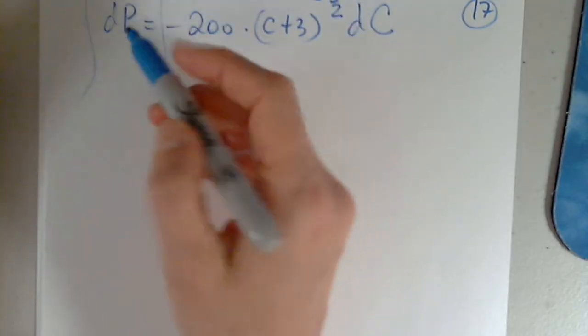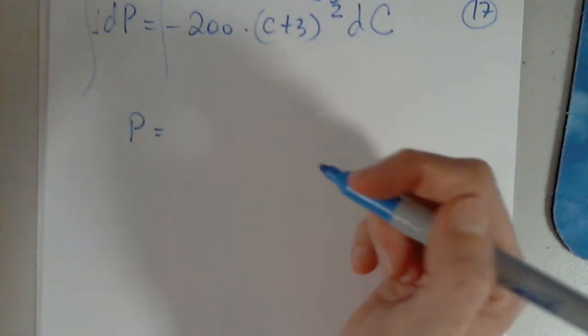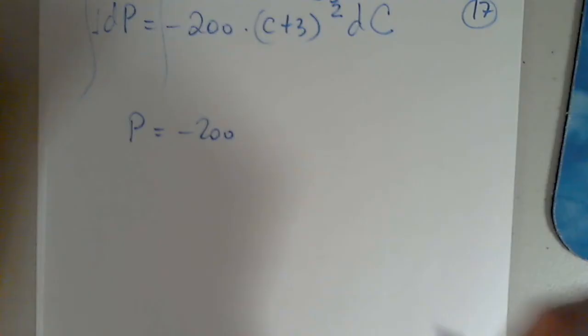The integral of dP is P, since the derivative of P is 1. It equals the integral of negative 200 times C plus 3 to negative 3 halves dC.